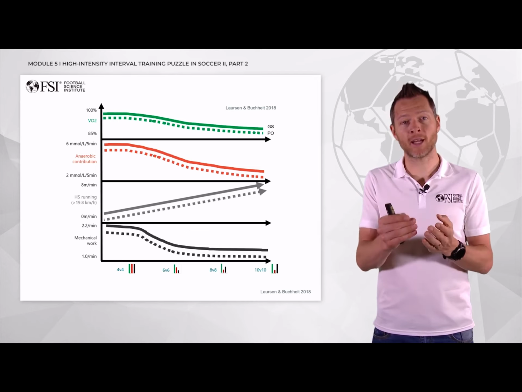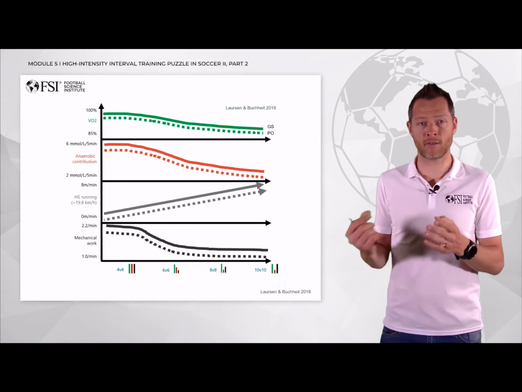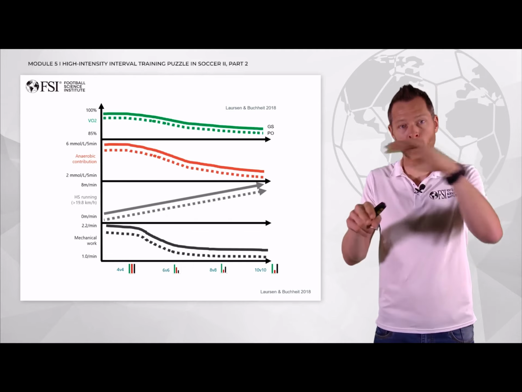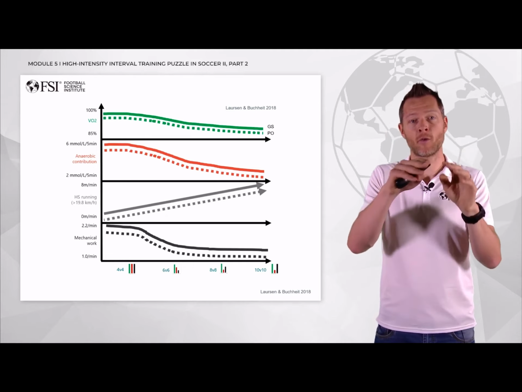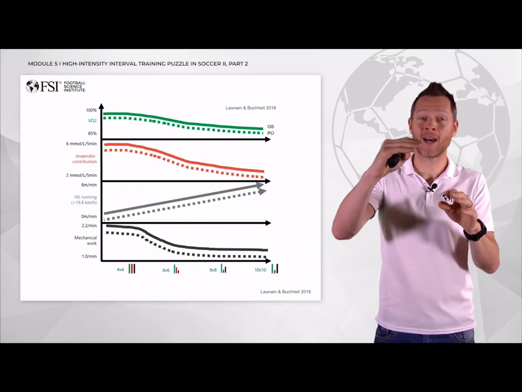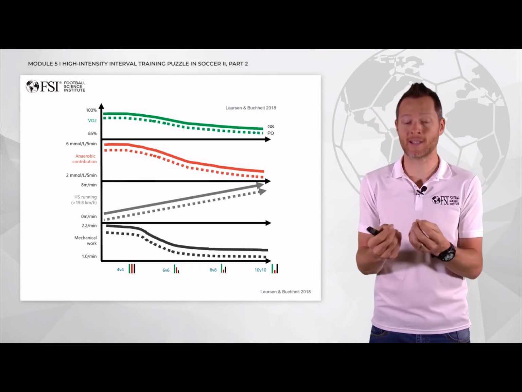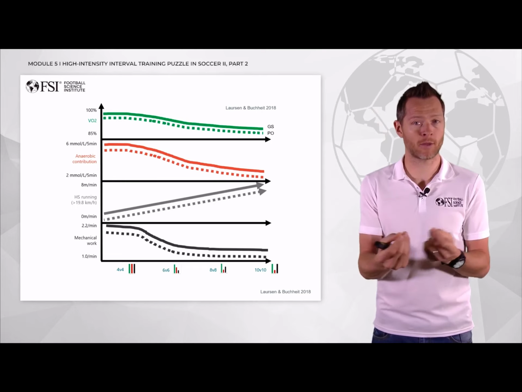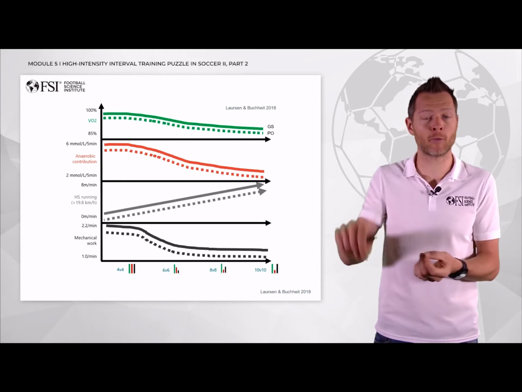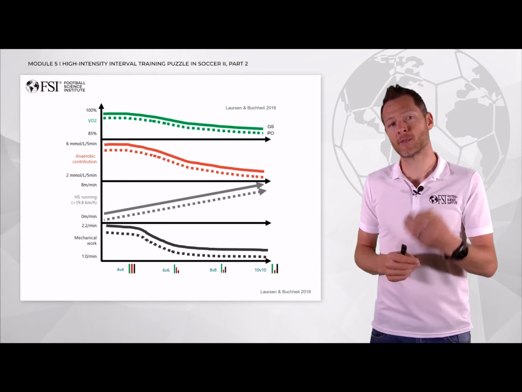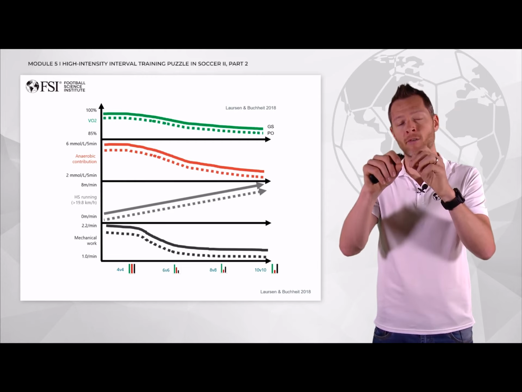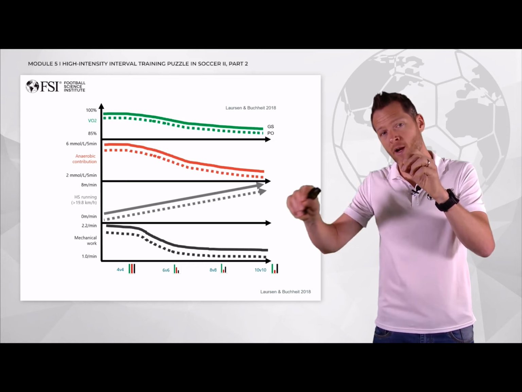For the mechanical component, at the bottom of the graph, we have the same pattern as VO2 and lactate. So 4x4, pretty high demands, and as we increase the number of players, there will be less interaction with the ball, because the ball has to be shared with more players.